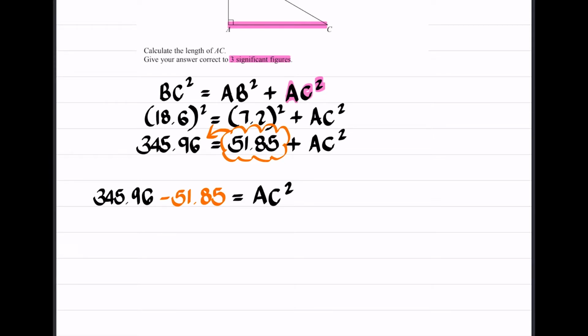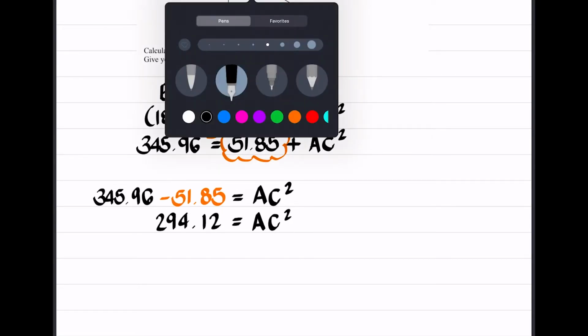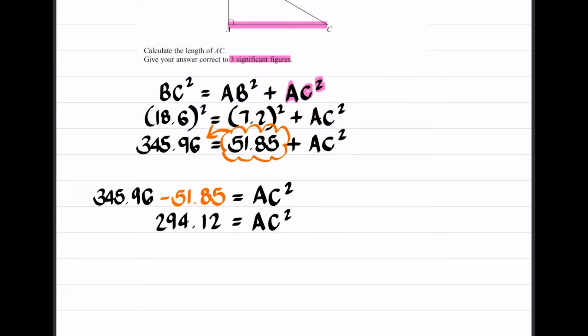345.96 minus 51.85 gives me an answer of 294.12, and that is equal to AC squared. But I don't want AC squared, I want AC by itself, so that means that I'm going to square root the AC squared so that they cancel. What I do to the one side, I do to the other side.